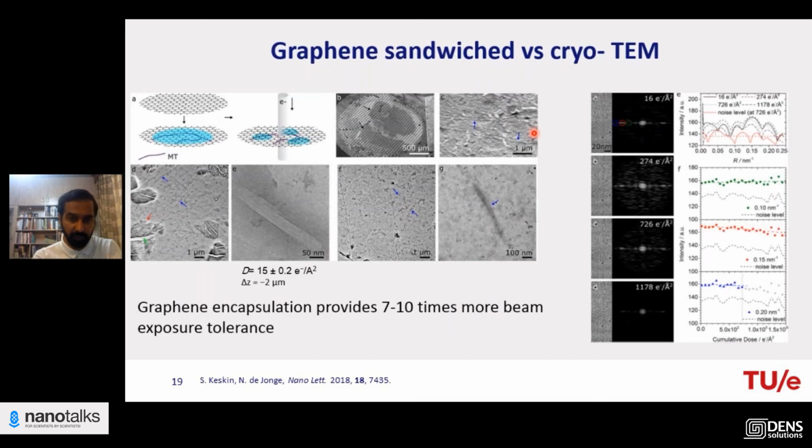The other beautiful work that inspired me to move and work with graphene sandwich materials is this beautiful paper in Nano Letters, where Niels de Jonge shows that if you put your sample in between graphene, you can see that your sample is 7 to 10 times more tolerant against beam exposure.